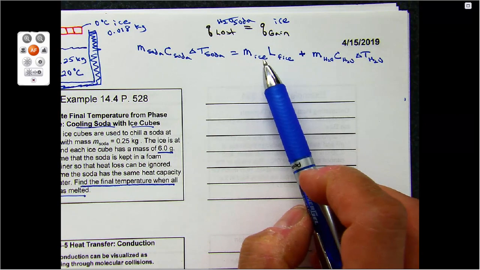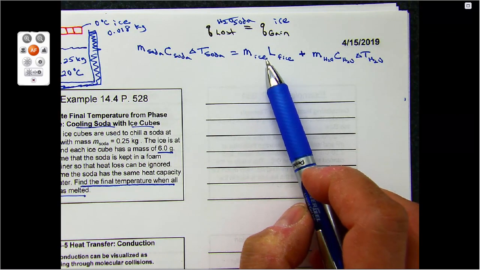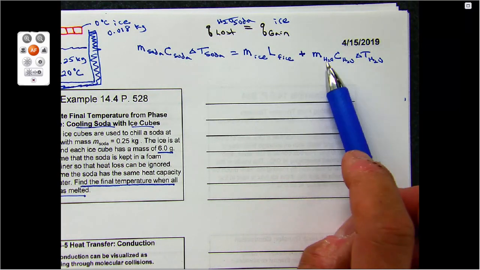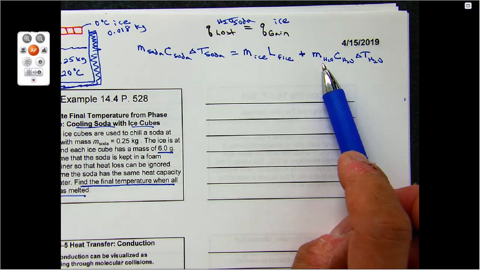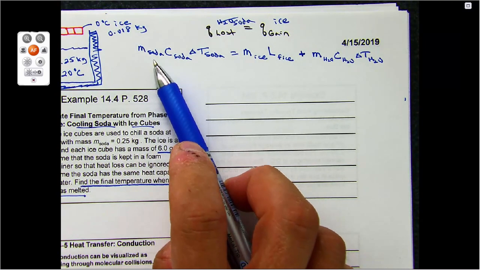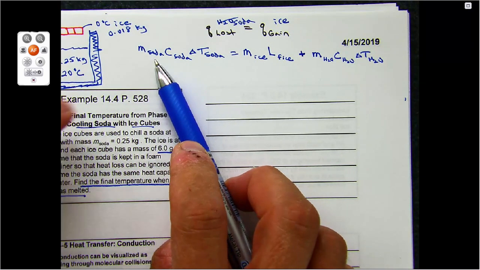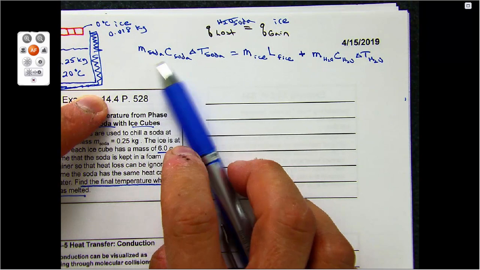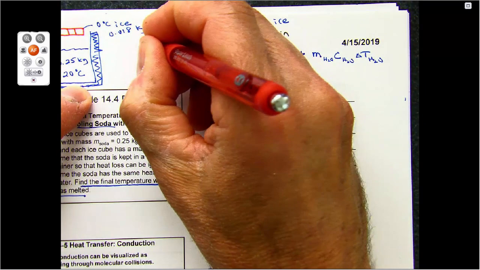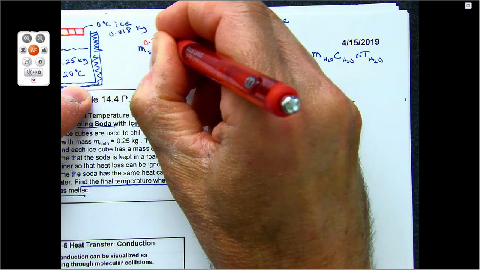So all the ice is going to melt, and as that melts, it becomes part of the added liquid water. It starts out with 0.25 kilograms of soda, and we're only adding 18 grams. This over here is our starting soda, our 0.25 kilograms.